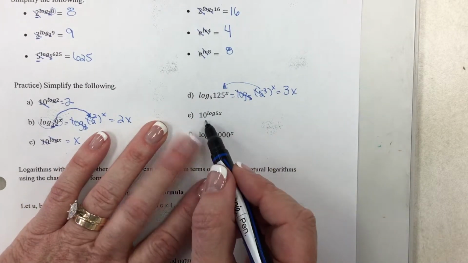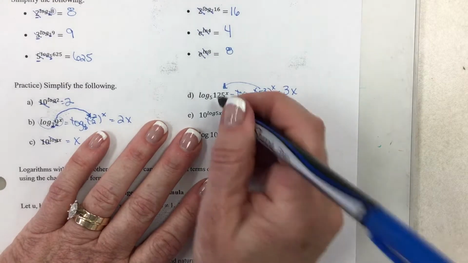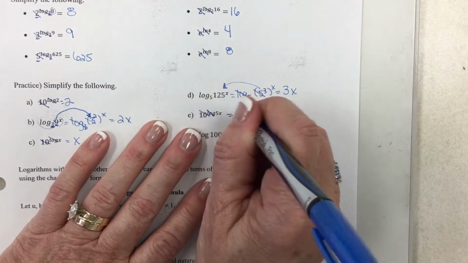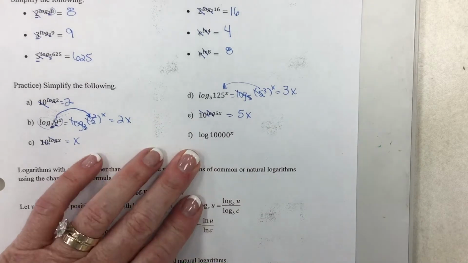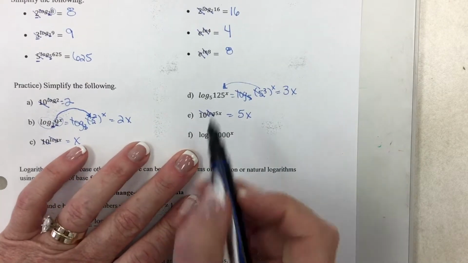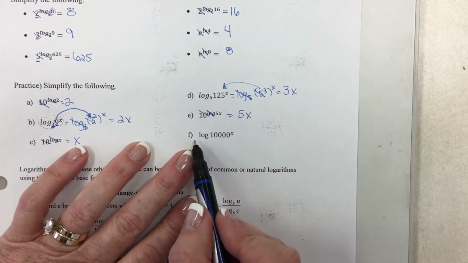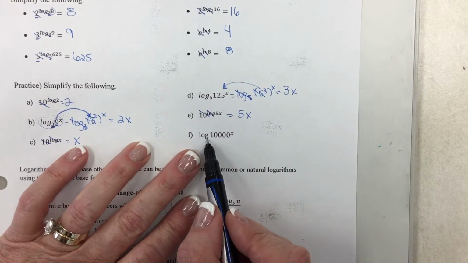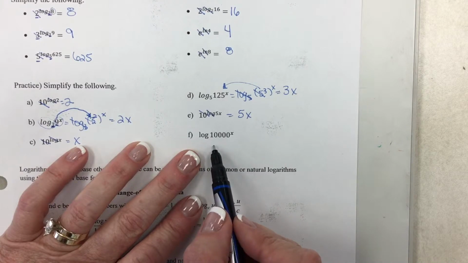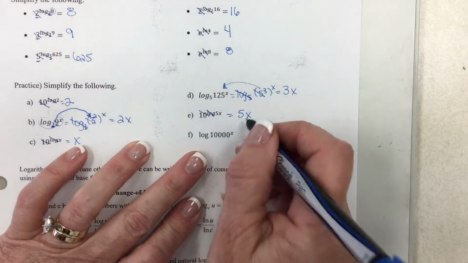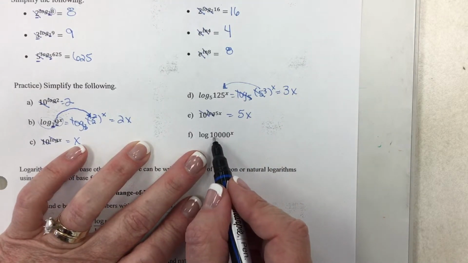Okay? Base 10, common log, left with 5x, because that common log has a base of 10. We just don't write it. F has a base of what? 10, but the argument is 10,000.